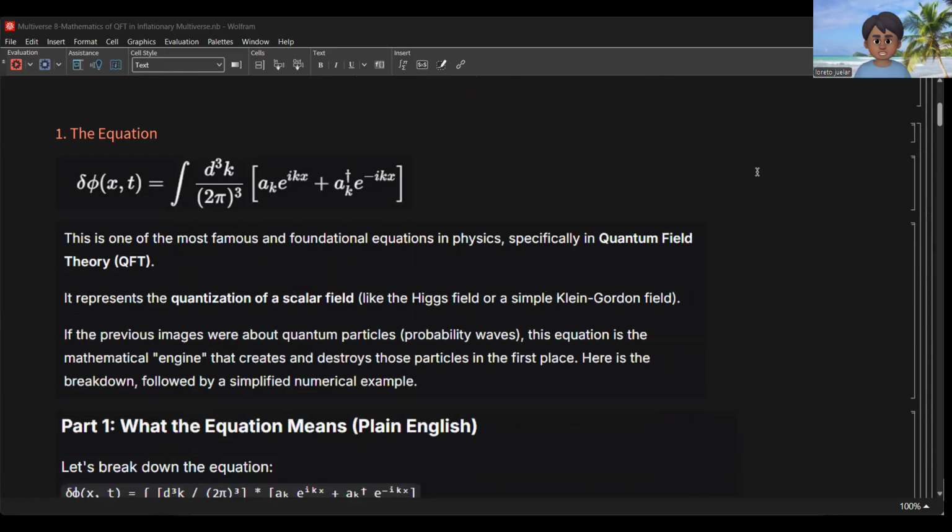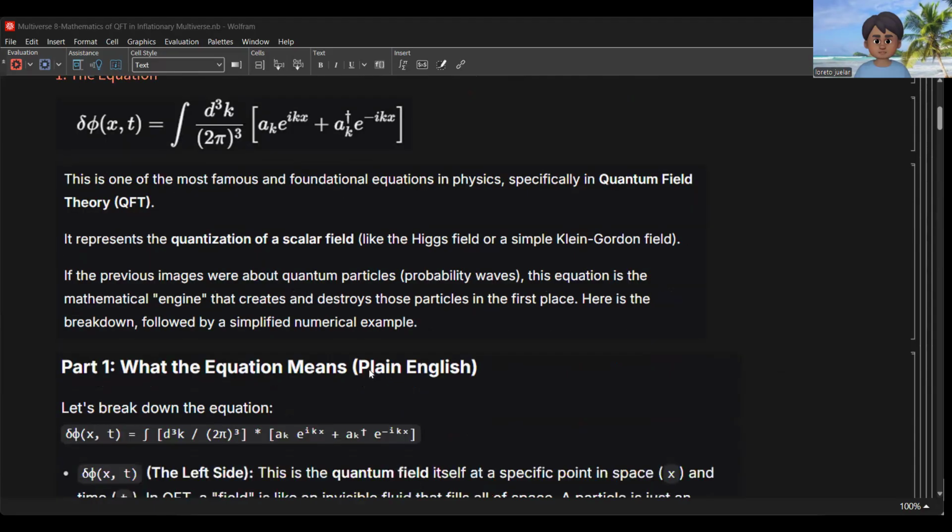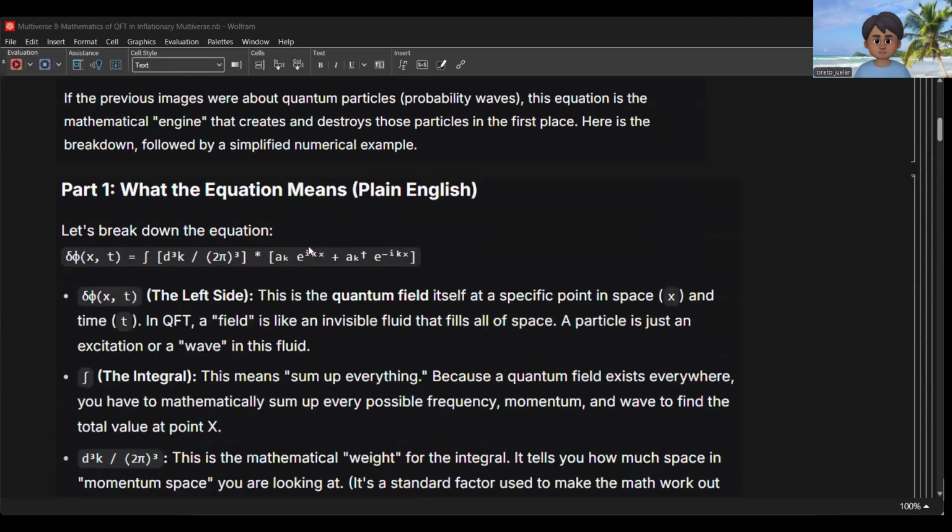We have the equations. This is one of the most famous and foundational equations in physics, specifically in quantum field theory. We have these equations, and we have this term here.